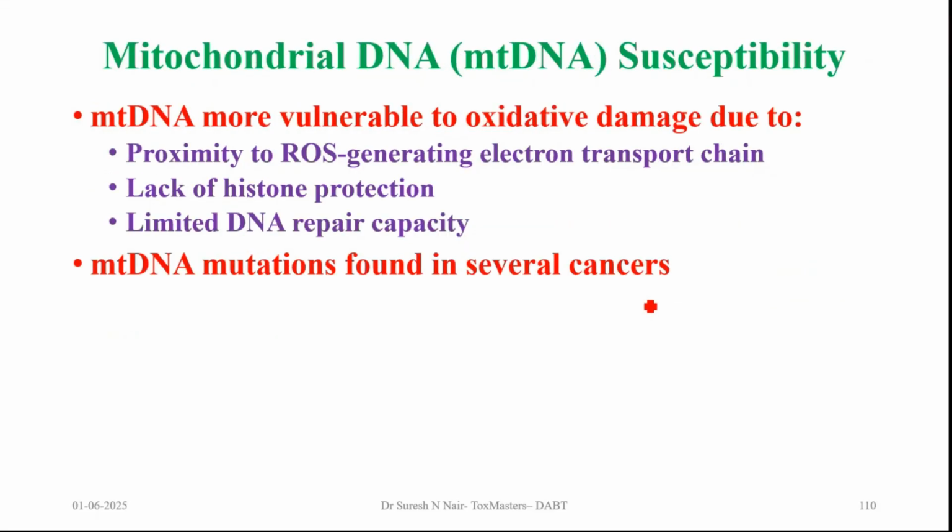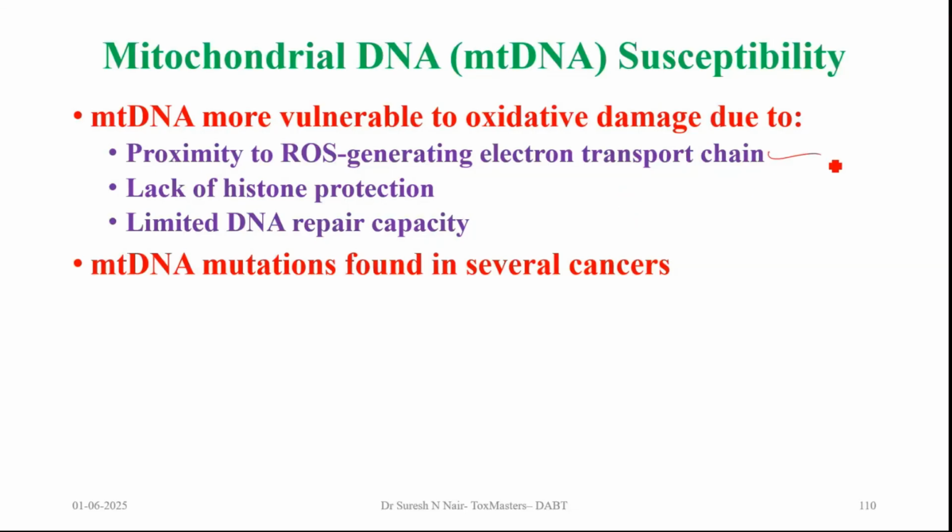Then the next one is mitochondrial DNA susceptibility. This has been coming up as one of the major pathways by which carcinogenesis happens. When you compare the DNA present in the nucleus of the cell with the mitochondrial DNA, the mitochondrial DNA is much more vulnerable to oxidative damage, for three reasons.